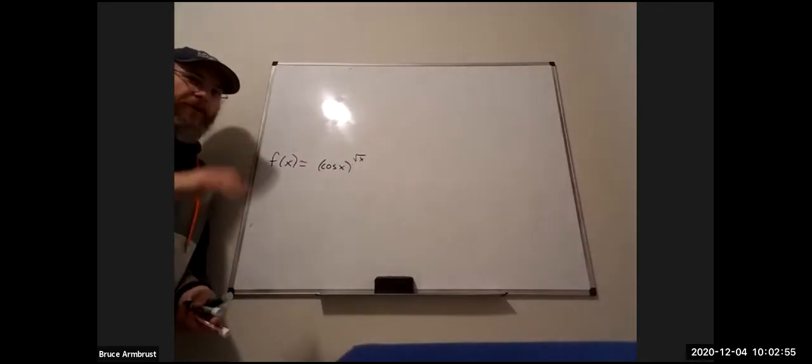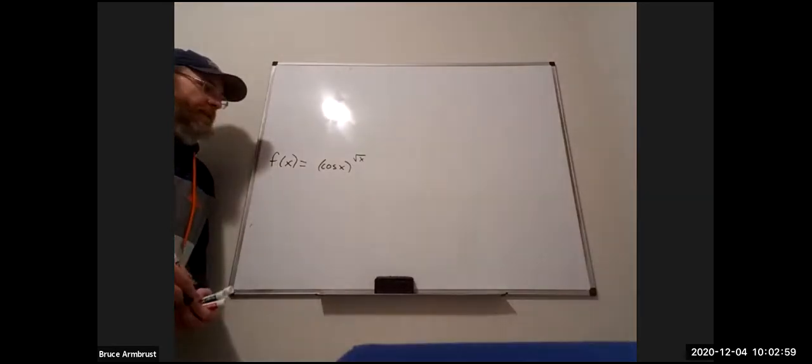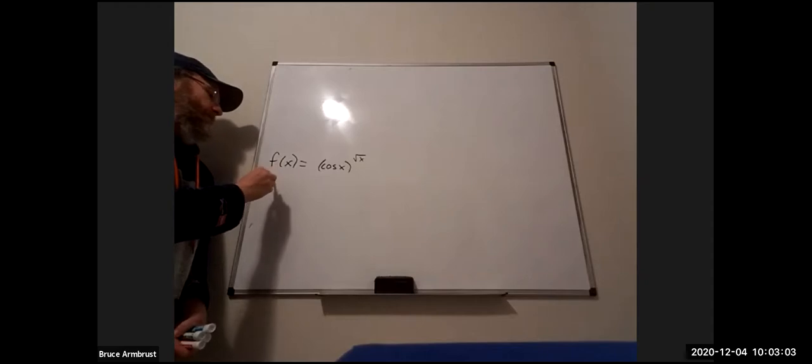So don't ask me where you'd ever run into this function in real life, because you probably wouldn't. But let's just say that this is what we're going to try to differentiate. Right? So we want f prime equals.